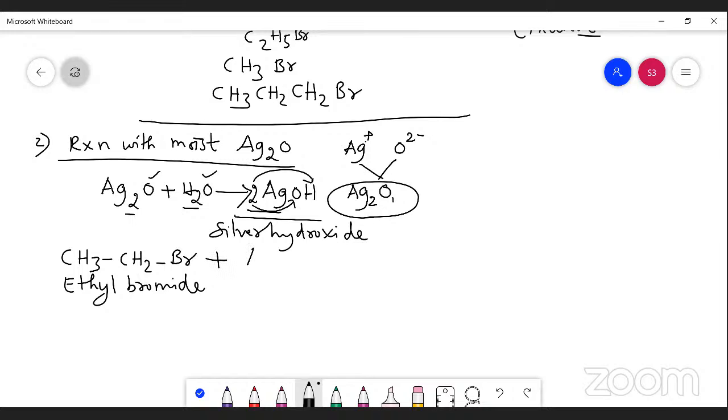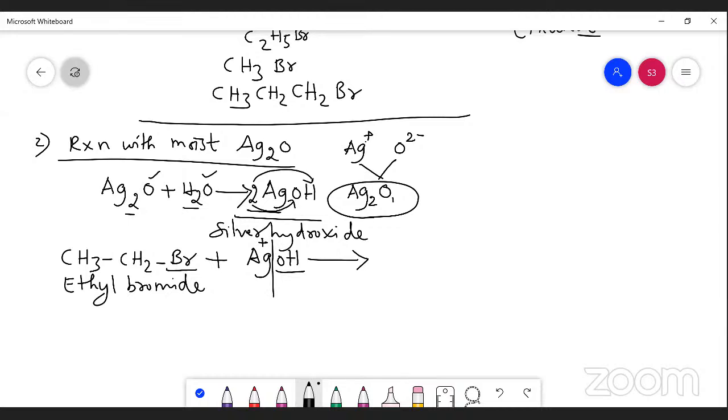And silver hydroxide is the second reactant molecule. Under what category do we take this kind of reaction? Nucleophilic substitution. Have you found the nucleophile in this reaction? Good. So Br is one nucleophile, and OH minus is another nucleophile.